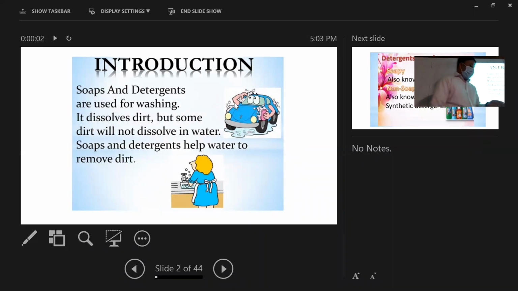So now we will see it dissolves dirt, but some dirt will not dissolve in water. Already I have mentioned that if you have some mud, or if I use the dirt drill, you can have some dirt like dust that can be dissolved into water.